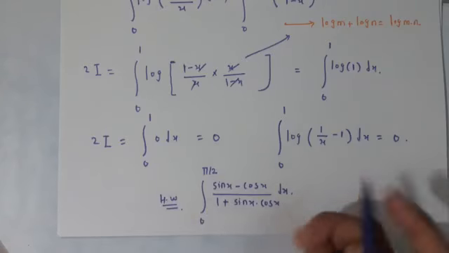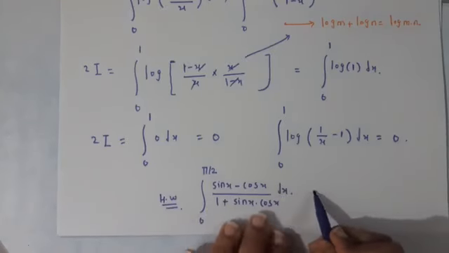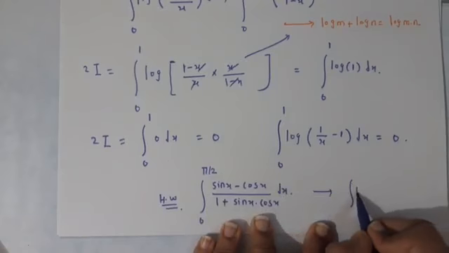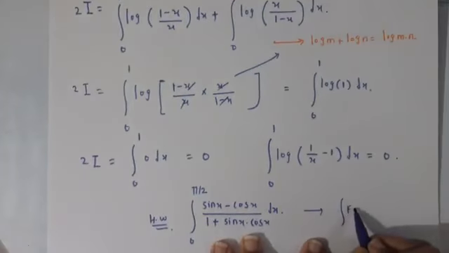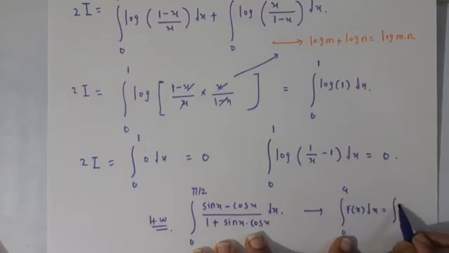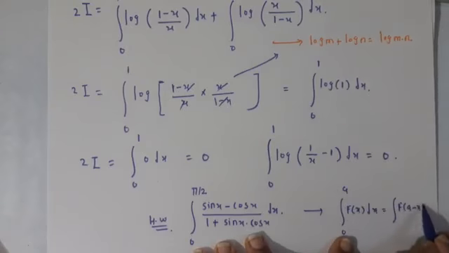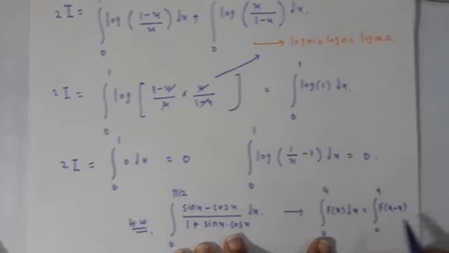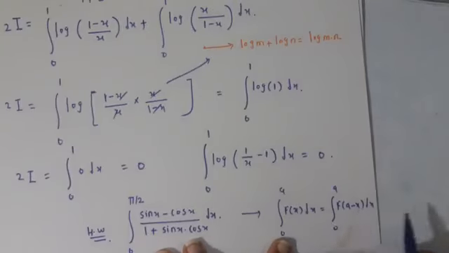Okay students, again by using the same property, integration f of x with respect to x from 0 to a equal to integration f of a minus x from 0 to a with respect to x.